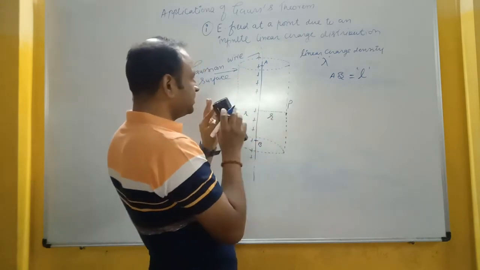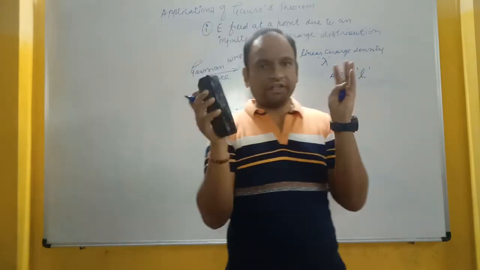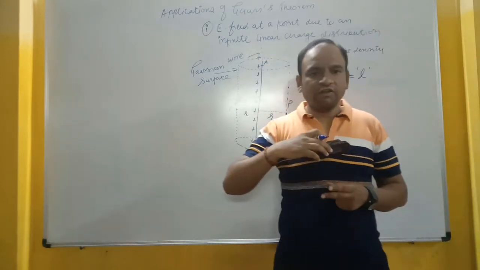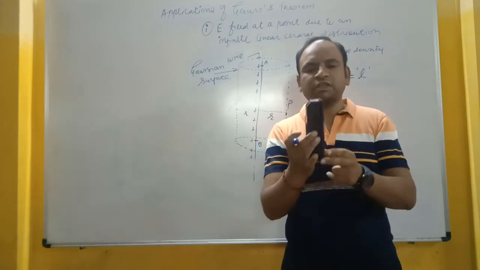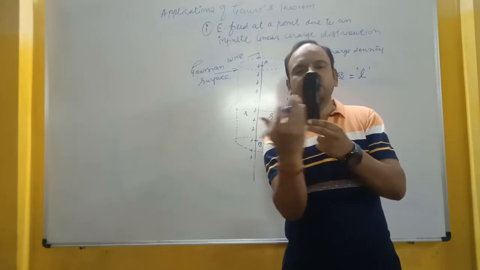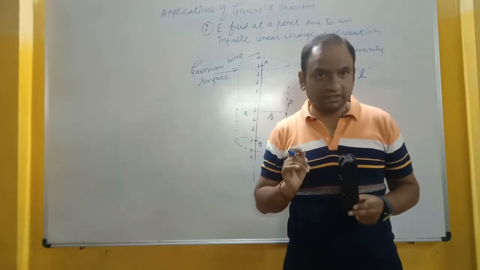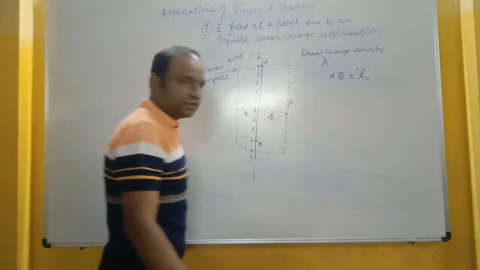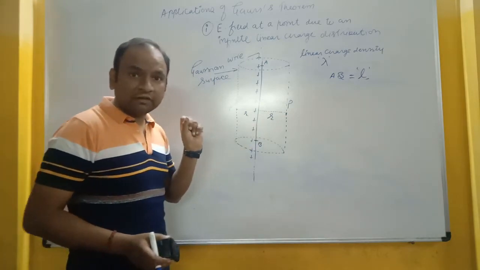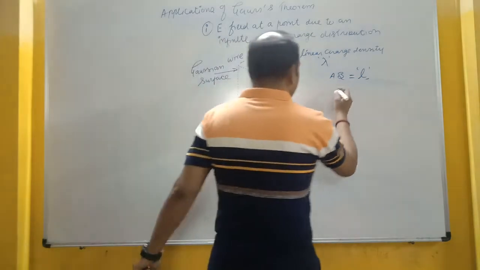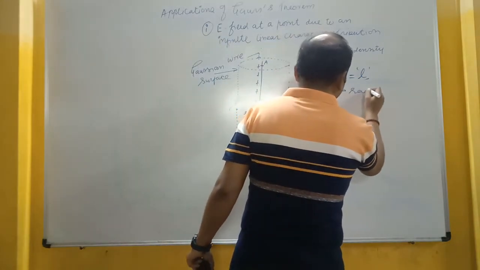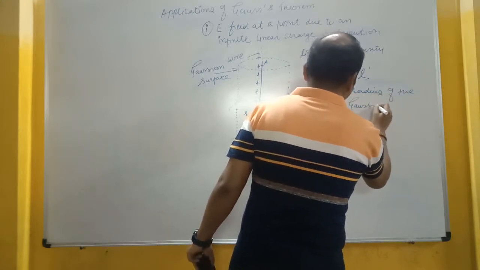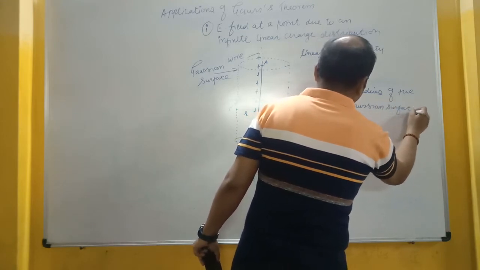So this is representing the curved surface of the cylinder, and these two top and bottom surfaces are the flat surfaces of the cylinder. Suppose AB equal to L is the length of the cylinder, and the radius of the cylinder would be equal to R, the radius of the Gaussian surface, which is my cylinder in this case.